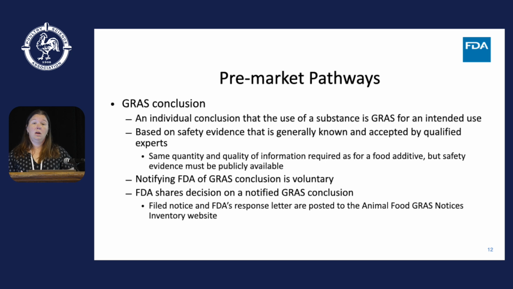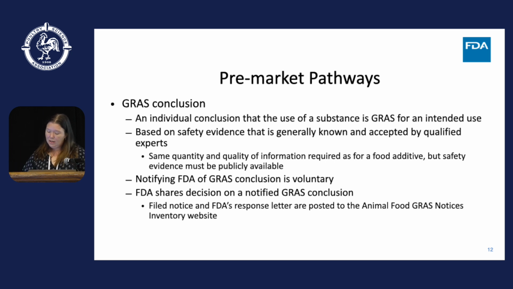For example, the same quality and quantity of information that is included in a GRAS notice or a GRAS conclusion dossier should be the same type of information that is provided if you were seeking FDA approval through a food additive pathway. The additional caveat that goes along with that is that it must be publicly available. That information that's used to make the safety conclusion, at least, must be publicly available.